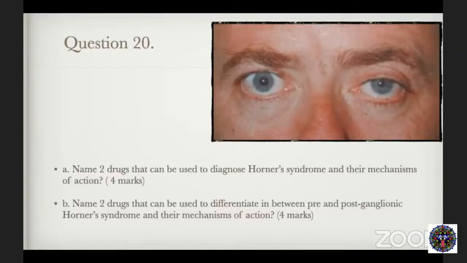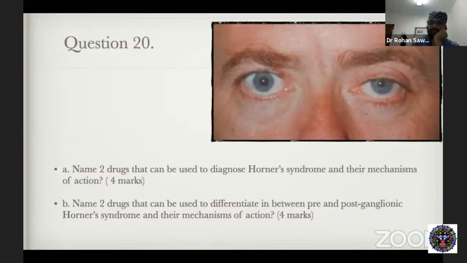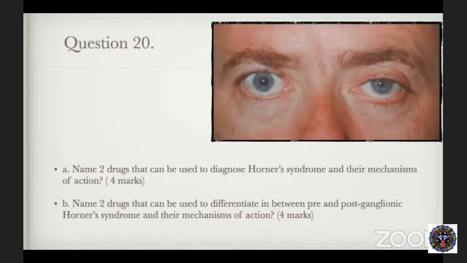We use hydroxyamphetamine or phenylephrine. How does hydroxyamphetamine work? Phenylephrine acts on the sympathetic system; because of denervation hypersensitivity, in a postganglionic lesion it will dilate the pupil. Correct.